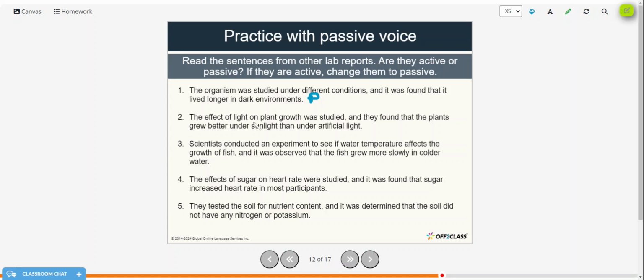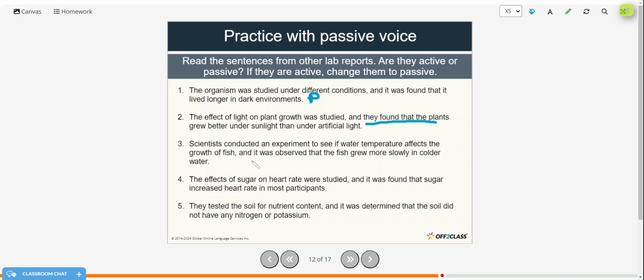The first part is passive, and here you could say it was found that the plants grew better under sunlight than under artificial light to change this second part to passive.